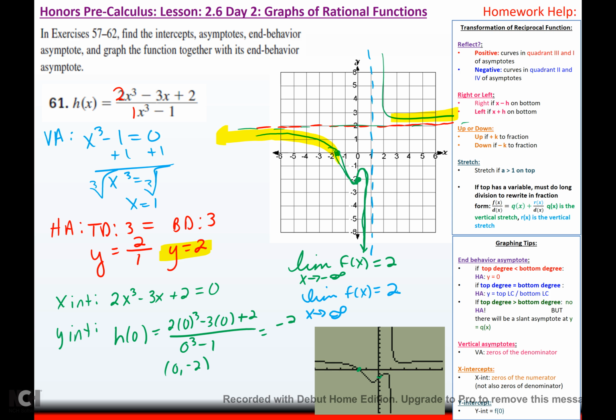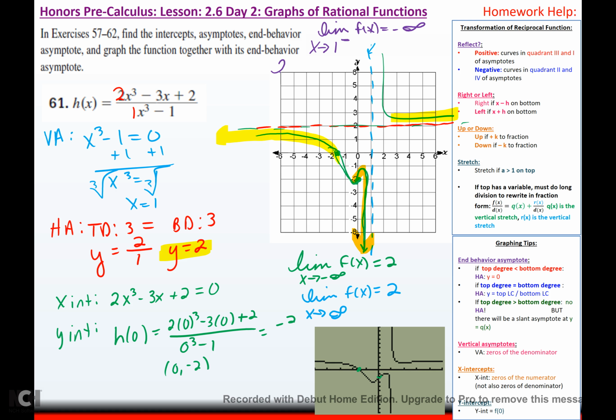Okay, now if you do your vertical asymptotes, this one right here, the limit as x approaches 1 from the left, I'm coming up to this line from the left, and close to this line to the left, the function is heading down. So I would say the function is going to negative infinity.